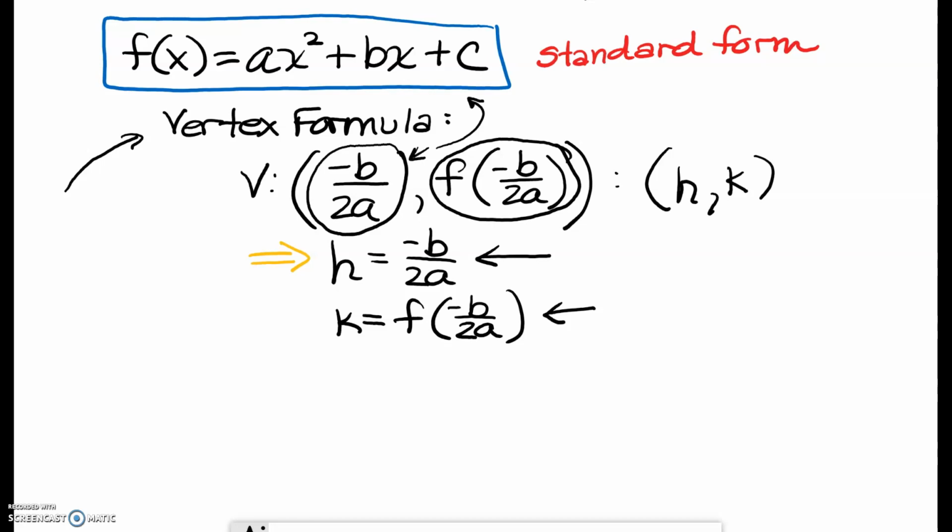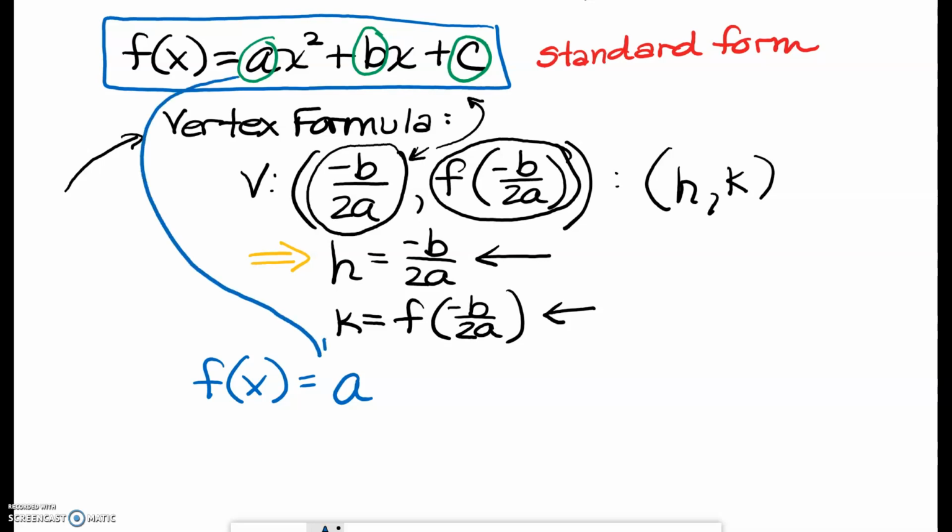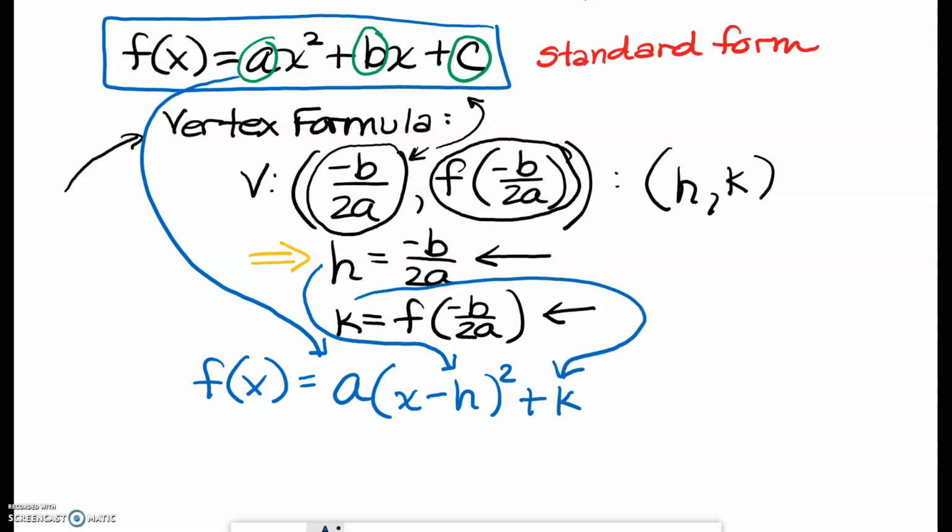And I can write the vertex form of any quadratic equation in standard form. So I have this a, b, and c here. And I know that my formula for vertex form is a times x minus h squared plus k, where a comes from here, h comes from here, and k comes from here.